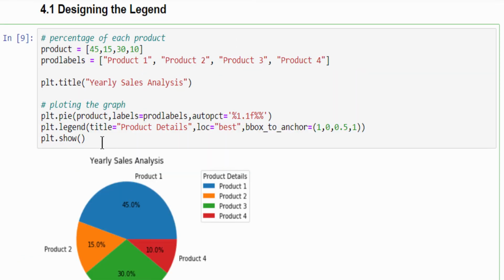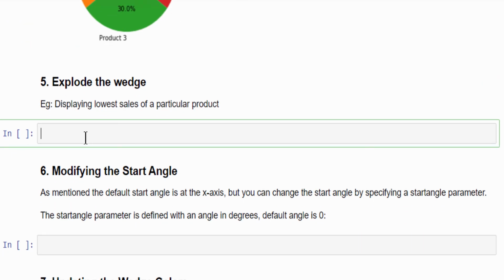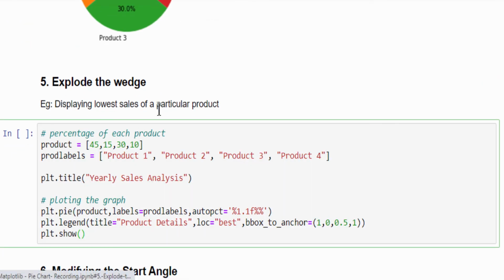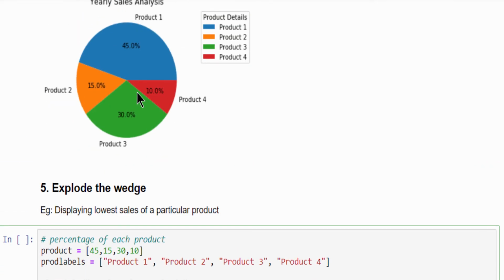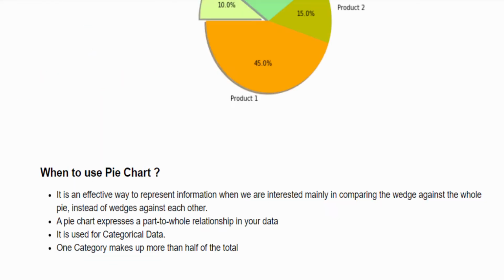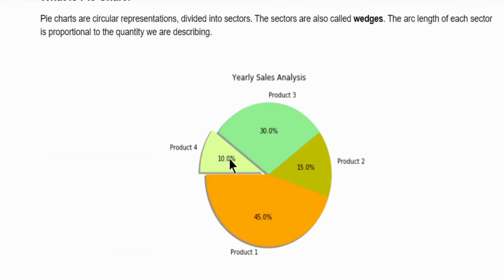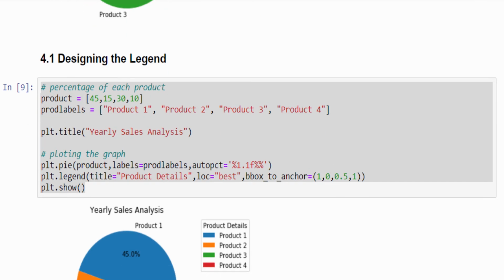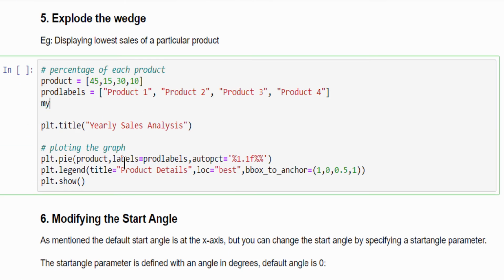Now let's copy paste the same code. Explode the wedge. What do you mean by explode? I want to take a particular wedge out of the circular pie chart. I'm just showcasing to the client, like this is the one we have to focus on. So how to do that? Let's define it.